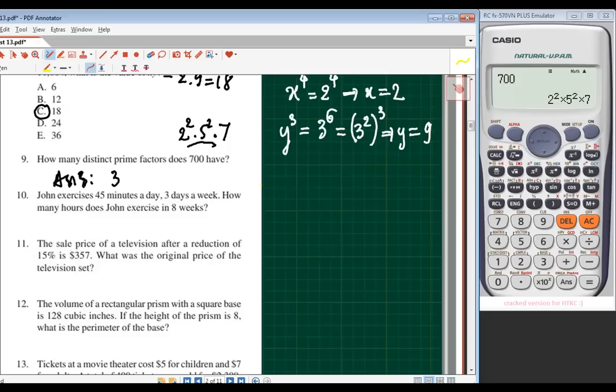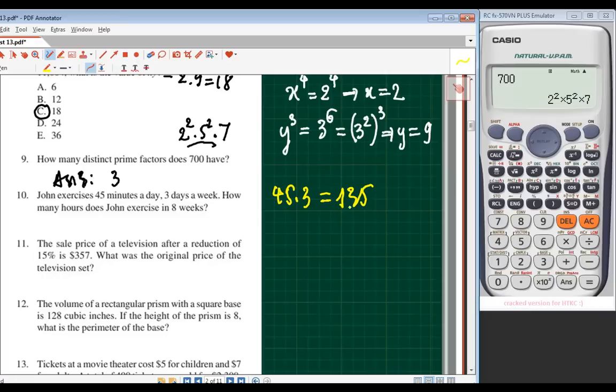The minutes John exercises in a week is 45 times 3 equal 135 minutes.